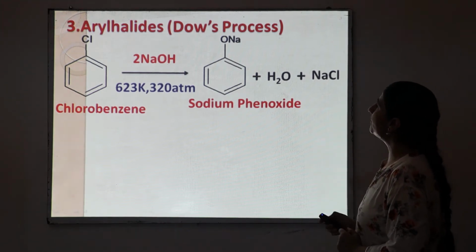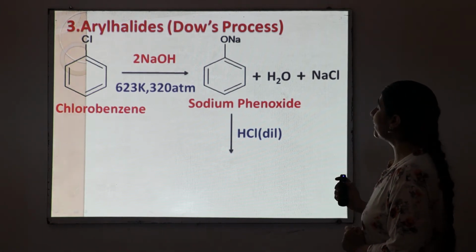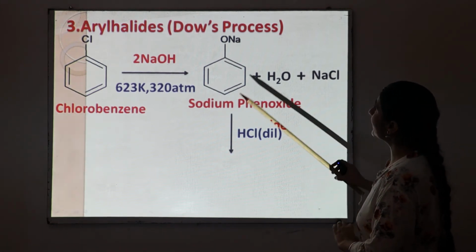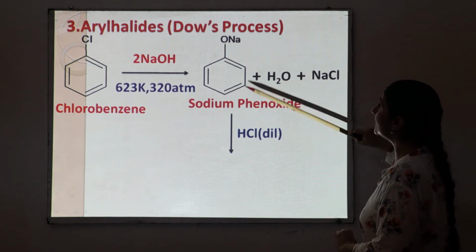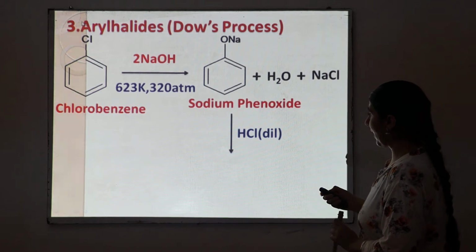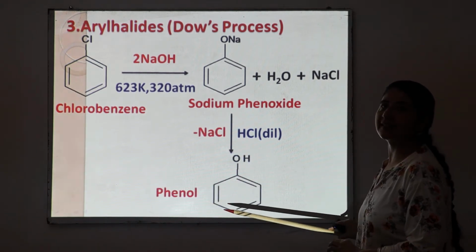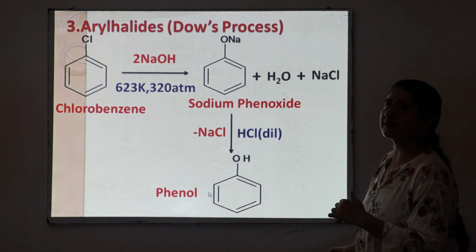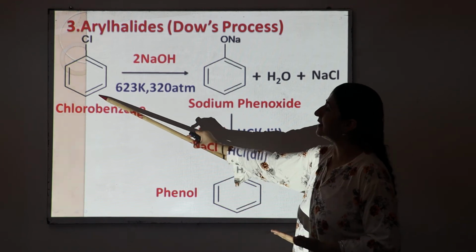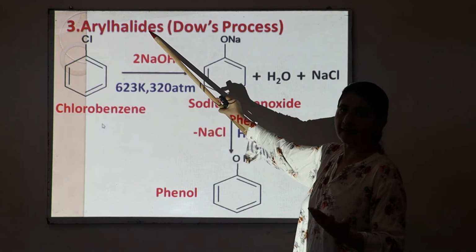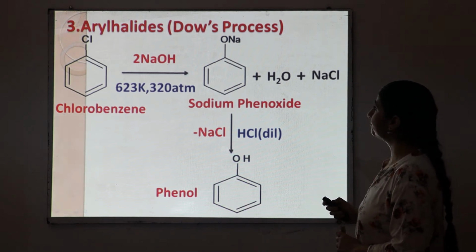This sodium phenoxide again reacts with dilute HCl. In this case, the sodium and chlorine combine and are eliminated in the form of sodium chloride, and as a result we get phenol as the main product. So this is the third method of preparation of phenol from chlorobenzene, or we can say the aryl halide, which is also known as the Dow process.